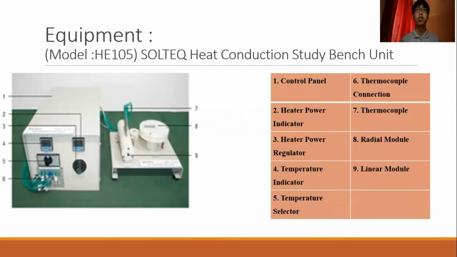For the equipment used in this experiment, we will be using the model HE105 Soltec Heat Conduction Study Bench Unit. The following are the labels of components in the equipment: number 1 is the control panel, number 2 is the heat power indicator, number 3 is the heat power regulator, and so on.